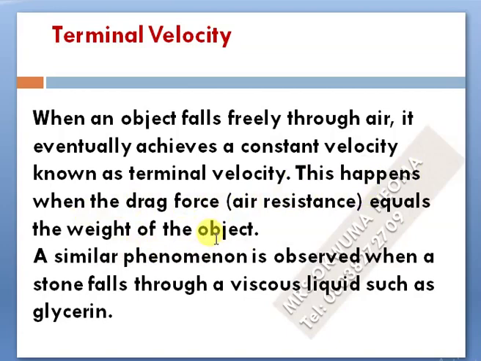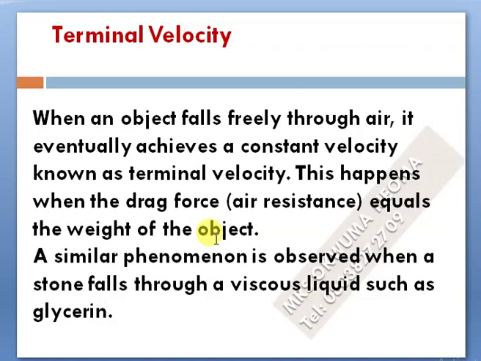So when do we achieve this terminal velocity? We achieve terminal velocity when a body is falling freely through air, and the weight of that body, which is a force, is equal to the viscous force or the viscous drag. Remember, the weight of the body is acting downward, while the viscous force or viscous drag is acting upward.